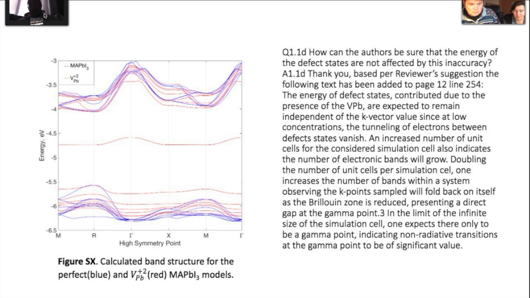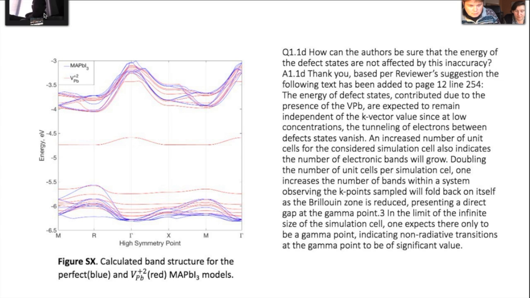And so they were not a fan of us just giving a verbal explanation, and so we generated these band structures for the materials themselves: the perfect system is in the blue lines, and the initial vacancy after removing the lead atom is in red.